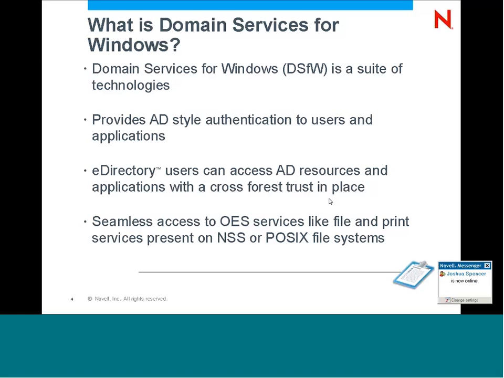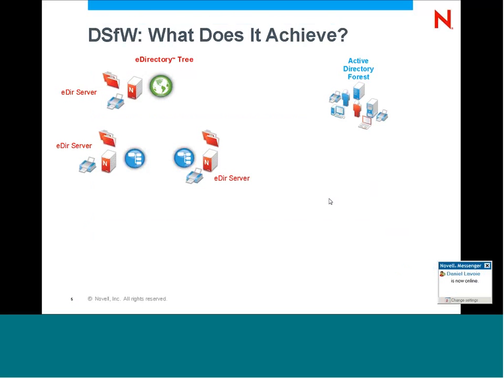So here's a little demonstration of DSFW, a graphical idea. In this case, we have an eDirectory tree with an O and a couple of OUs, and we have some Novell servers there. And over on another site, we have an Active Directory tree.